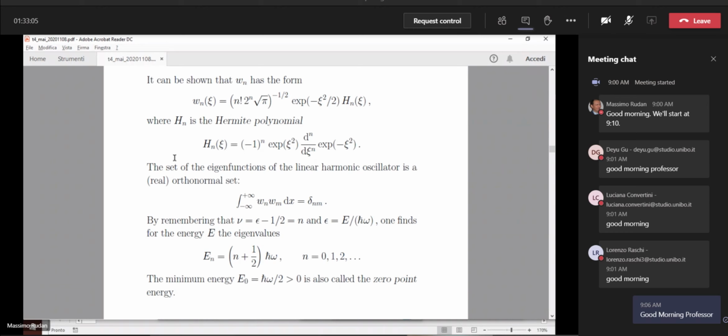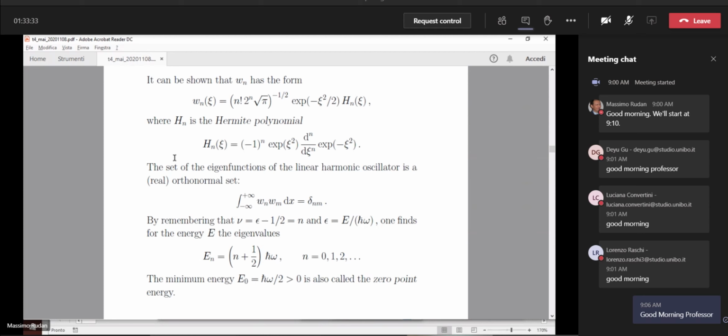And when the eigenfunctions are normalizable, you remember we have a general demonstration that tells you that the minimum total energy must be strictly larger than the minimum of the potential energy. In the parabola, the minimum is 0. Remember, the potential energy is 1/2 times the elastic constant times x squared.